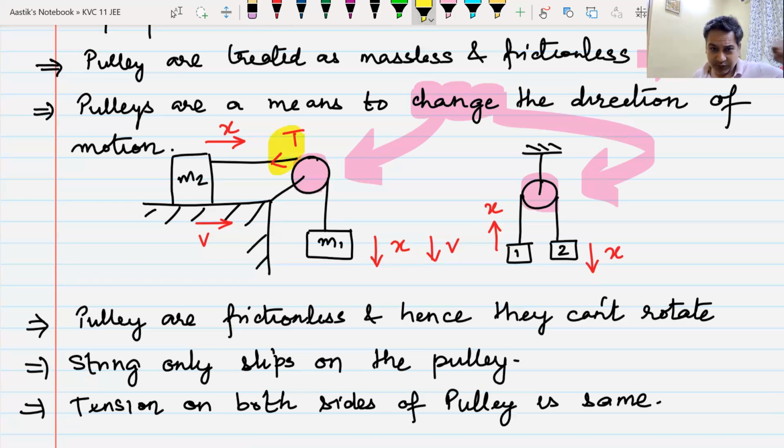Remember, the rope only pulls the pulley. The tension on the other side will also be T. Do we understand this? Tension remains the same on both sides. This is what I mean to say by this. We understand this? Yes or no?